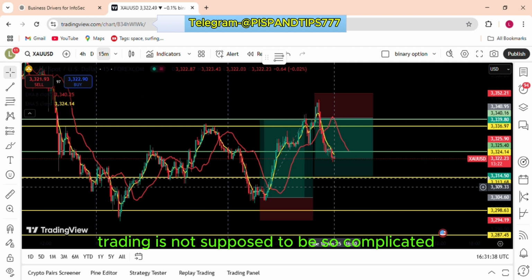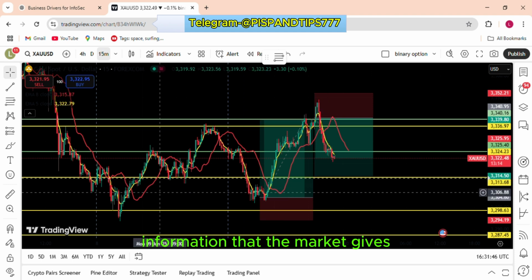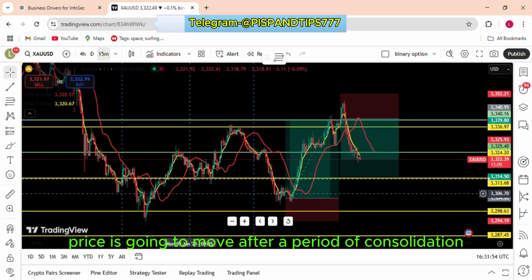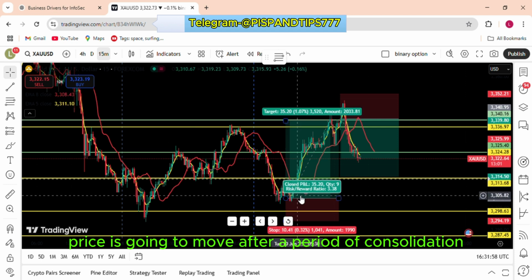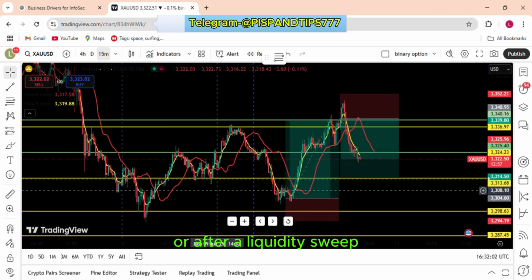Trading is not supposed to be so complicated. You just have to look at past information that the market gives, and based on that you can determine where price is going to move after a period of consolidation or after a liquidity sweep.